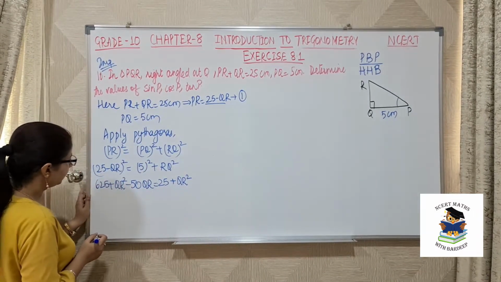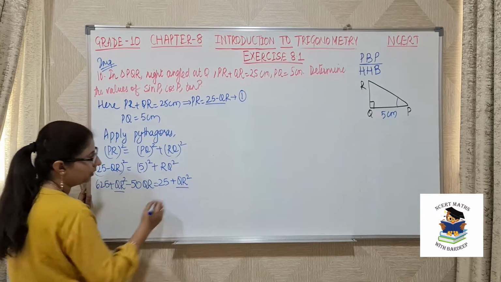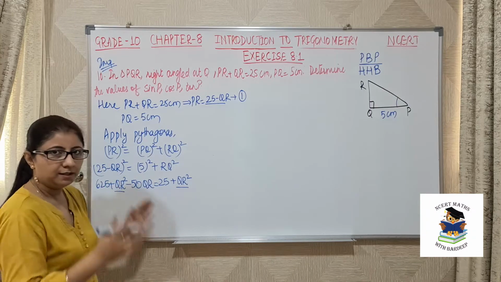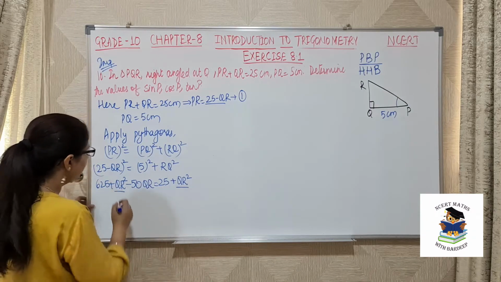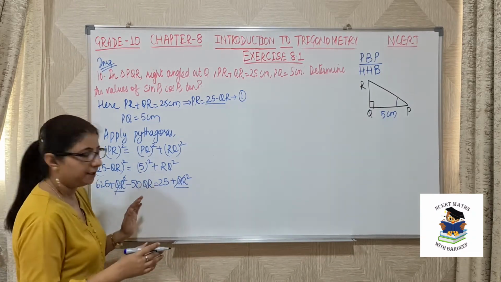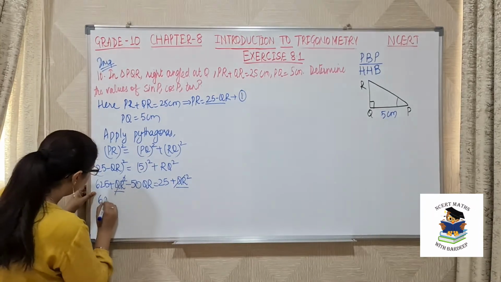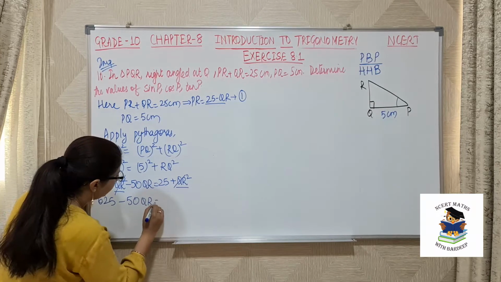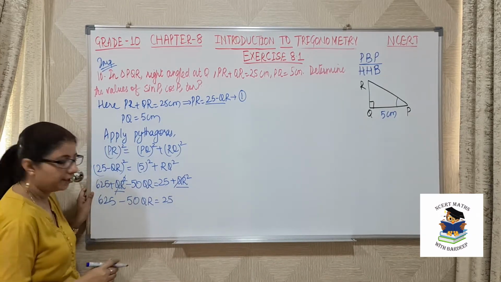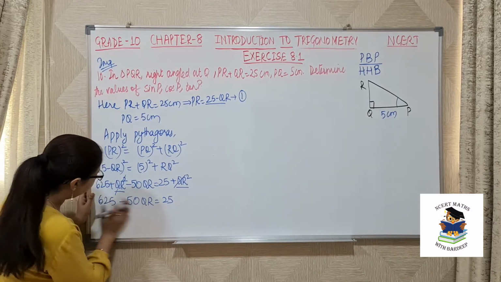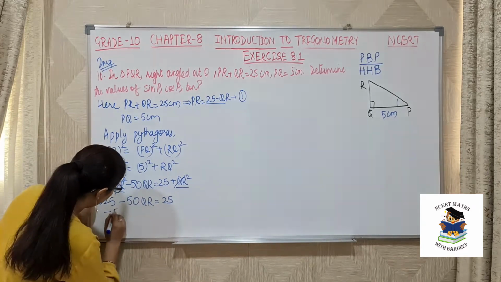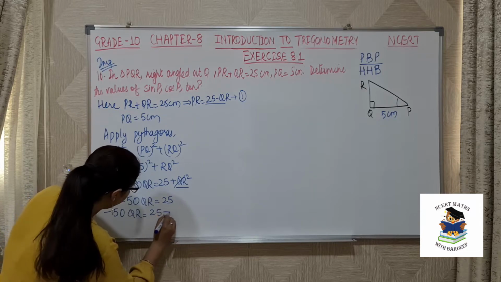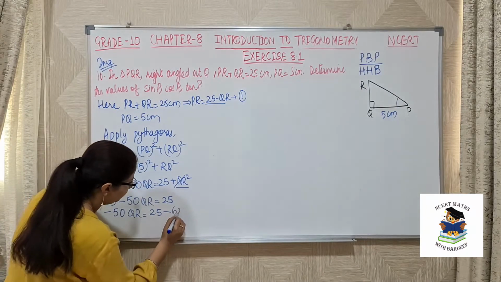So how to do next? See, QR square and QR square are like terms on opposite sides. If you shift them to the same side, they will be of opposite sign and it will be cancelled, or directly you can cancel them. So now we are left with 625 minus 50 QR is equal to 25. Right? So keep the QR term here and shift this 625 to the other side. So minus 50 QR is equal to 25 minus 625.